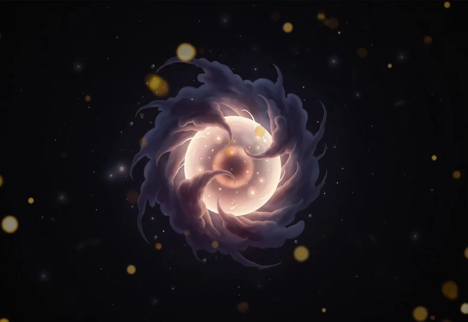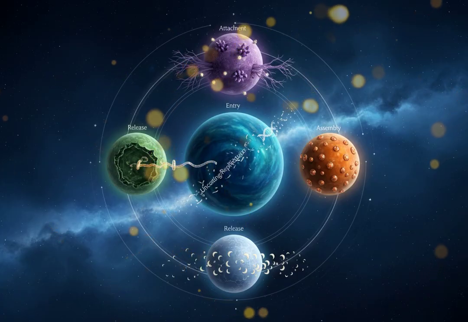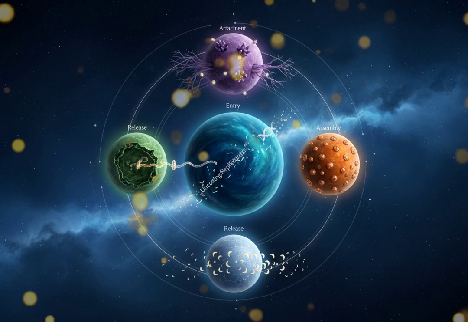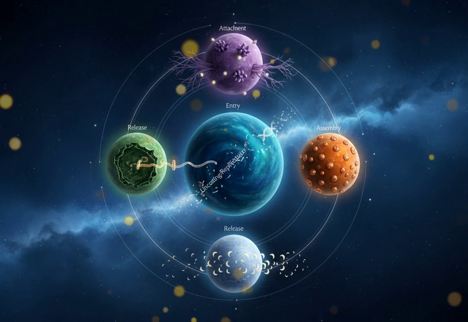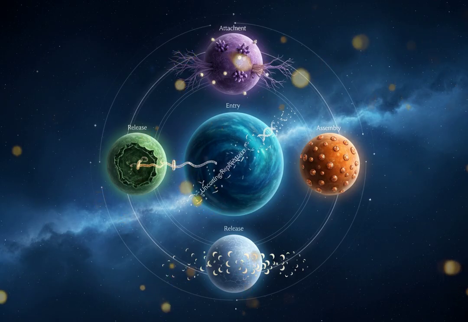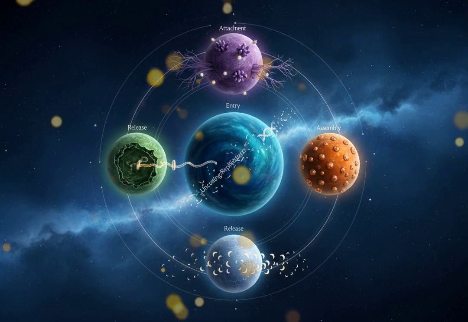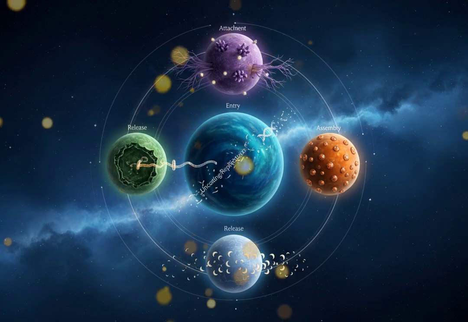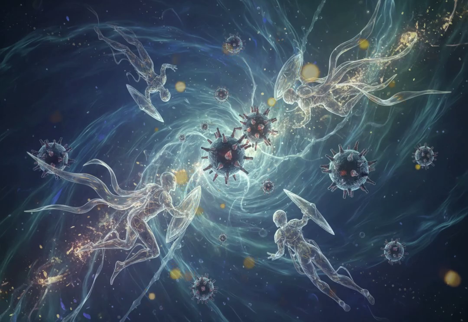This method, while effective for the virus, can have dire consequences for the host cell, leading to cell death and triggering inflammatory responses. Alternatively, budding allows the virus to exit the host cell more subtly, enveloping itself in a portion of the host membrane. This process is akin to slipping out the back door, leaving the host cell intact while still ensuring the virus's escape.